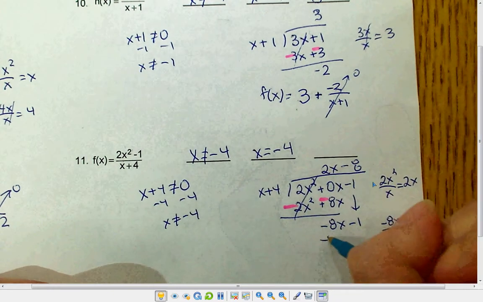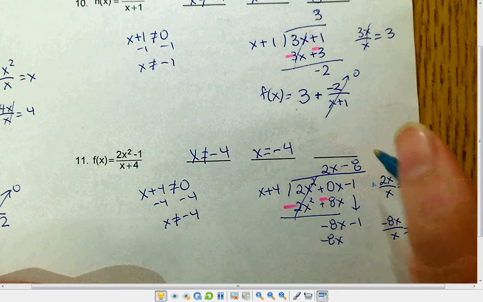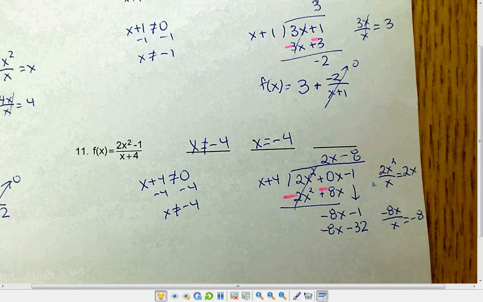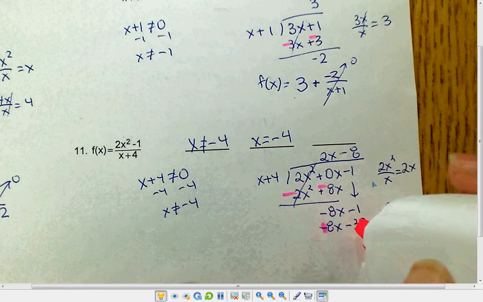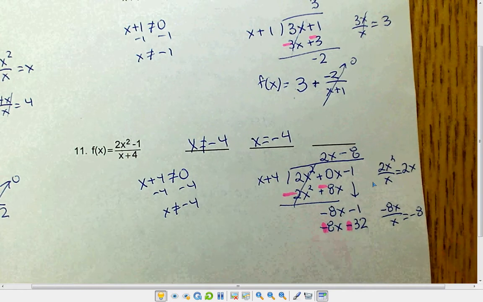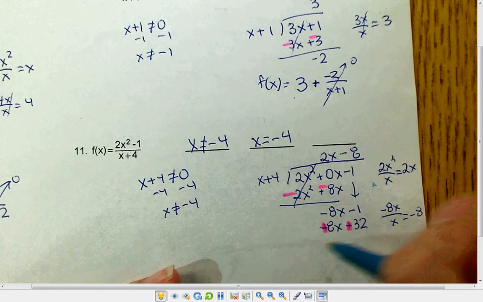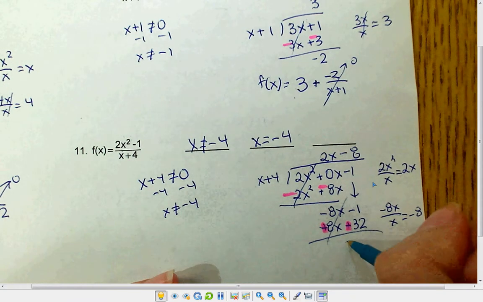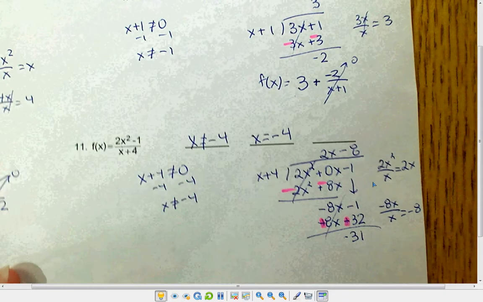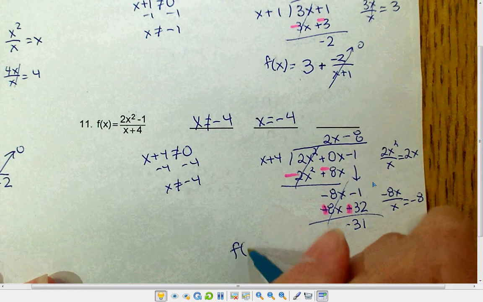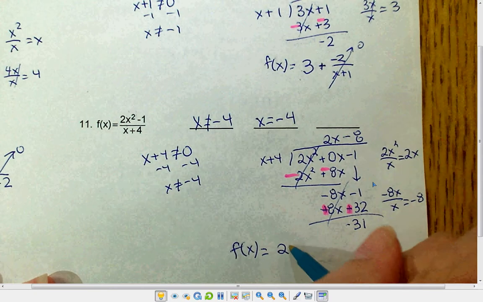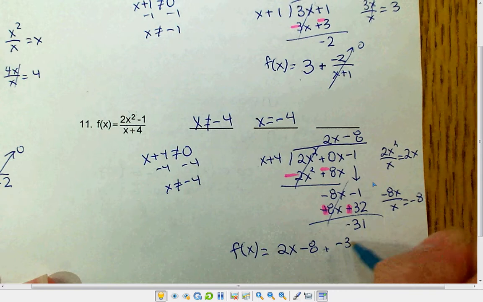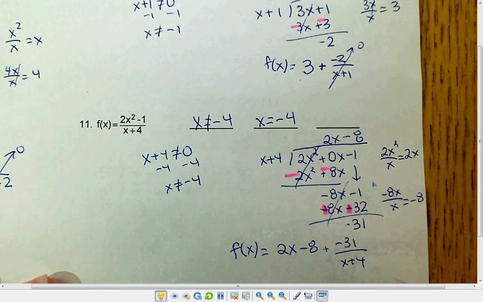-8 times x is -8x. -8 times +4 gives me -32. Again, change the signs so they both turn positive. -8 plus 8 cancels out. -1 plus 32 leaves me with -31. So in proper form, this equation is 2x minus 8 plus -31 over x plus 4.